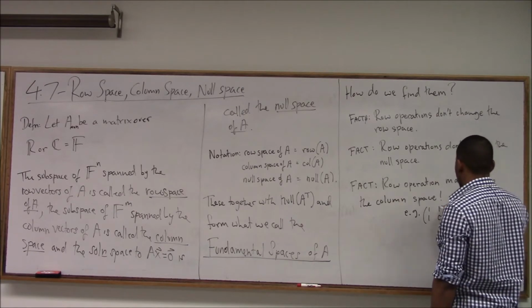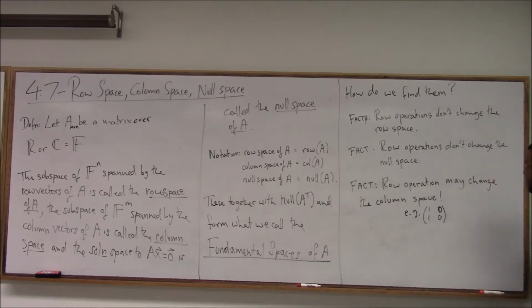Notice that the column vectors are 1, 1, and another column vector is just 0, 0.